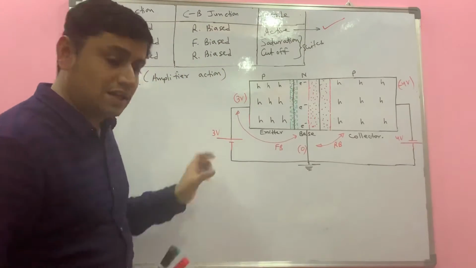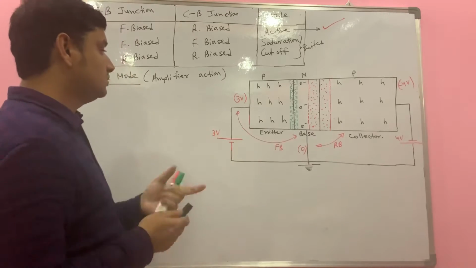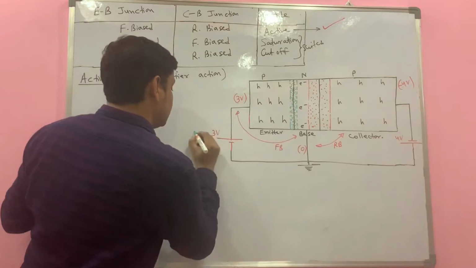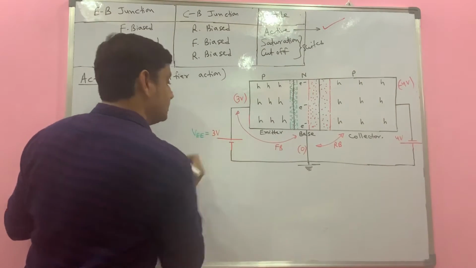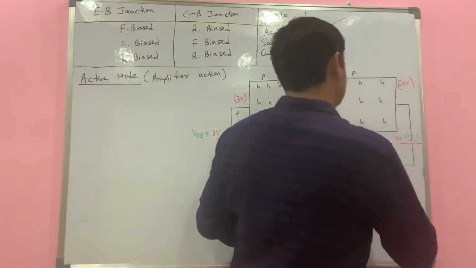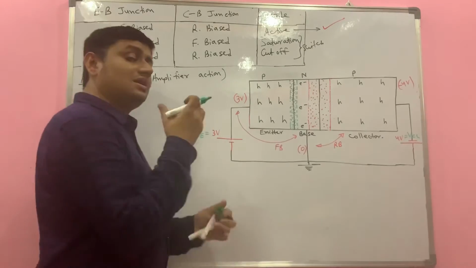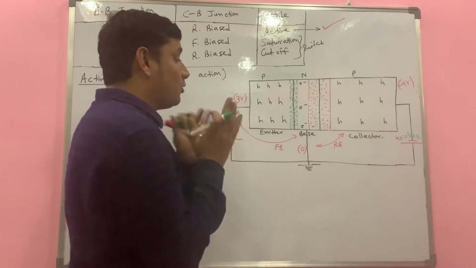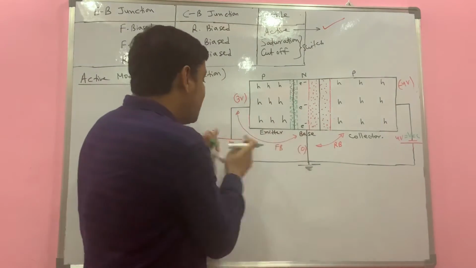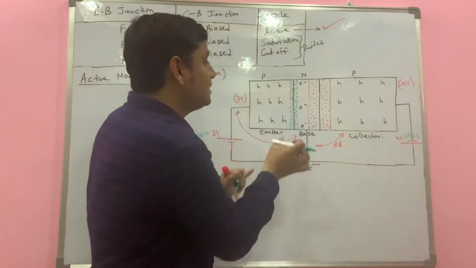Now, this voltage is applied to the emitter, with the base common, so this is called VEE. This applied voltage is called VCC because the base is common and this is the collector. Actually, the mode of operation depends on the potential difference here. The potential difference here would be the applied voltage VEE minus the potential drop across this junction.